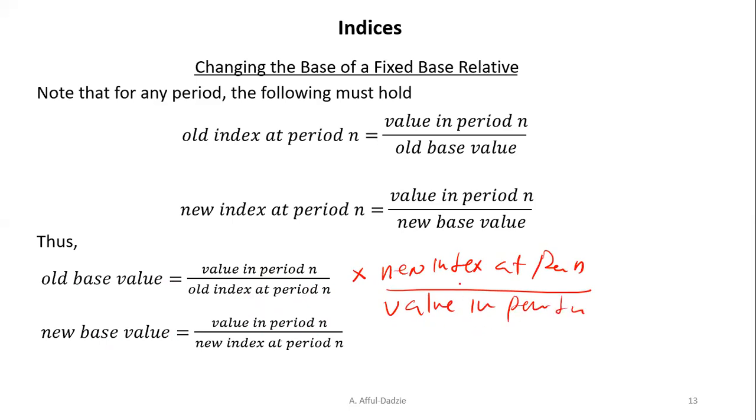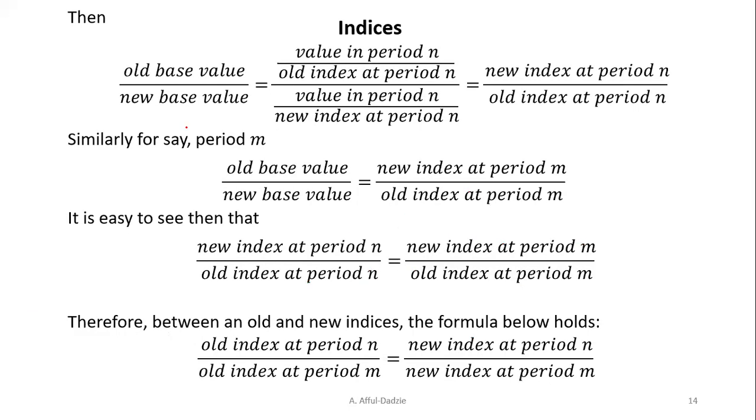Because we are interested in the index, we already have the base values, so we cancel out these ones. So we end up with the new index values and the old index values, multiplied by the old base value over the new base value.